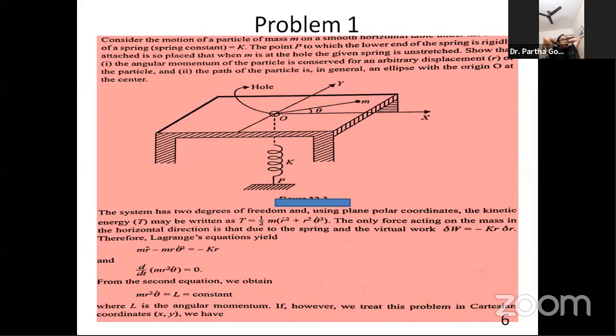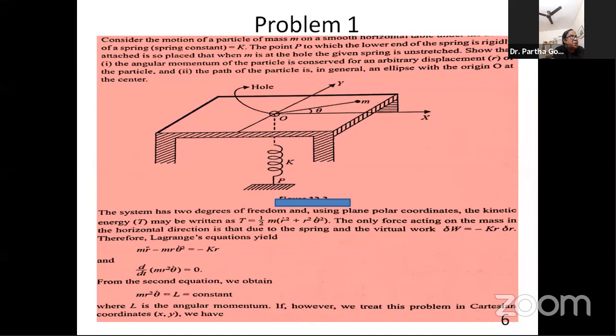Suppose when the spring is unstretched, the mass M was right at the hole itself of the table, but when the spring gets stretched, you are stretching the spring by pulling, the mass is on the table surface. I am to show that if I let the mass go, the path will be an elliptical one.